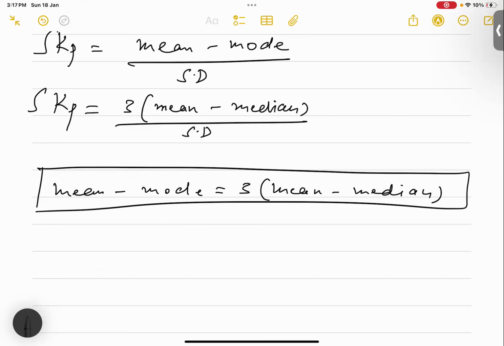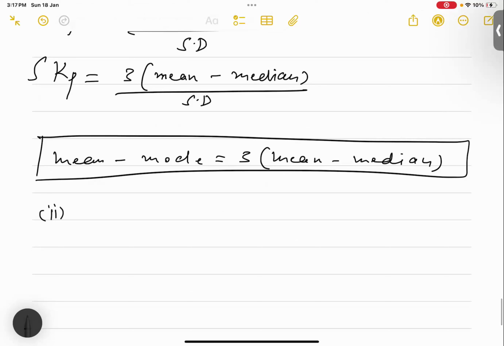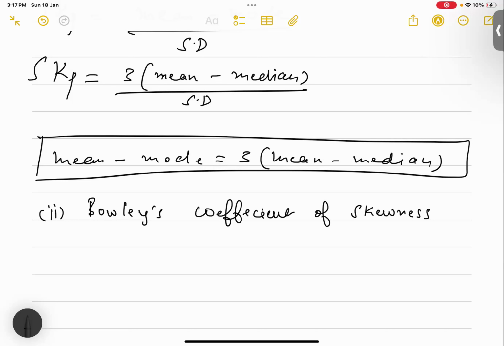Second part, as in the second relative measure, Bowley's coefficient of skewness, SKB. B means Bowley.